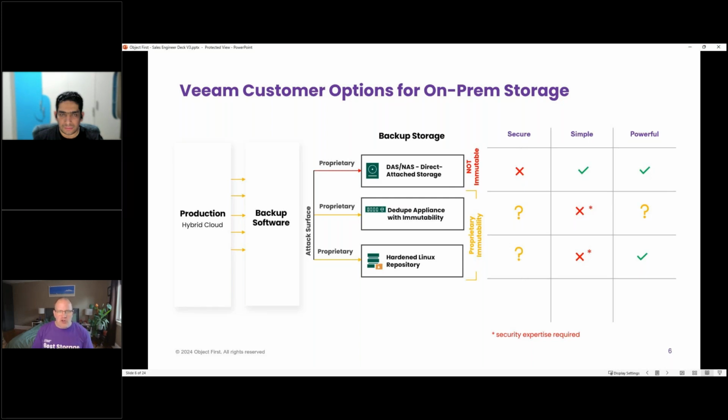You can follow the instructions, set it up. The question mark about security comes on day 2 and later, because you have to maintain it. As I said before, attack is always evolving. It's always present. There are new exploits every day, new vulnerabilities. So if you're going to run that, if you're talking about the do-it-yourself Veeam hardened repository, you or someone on your team has to be watching that.